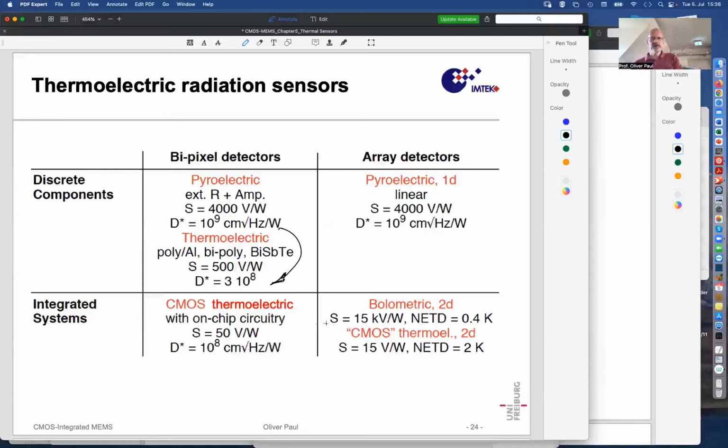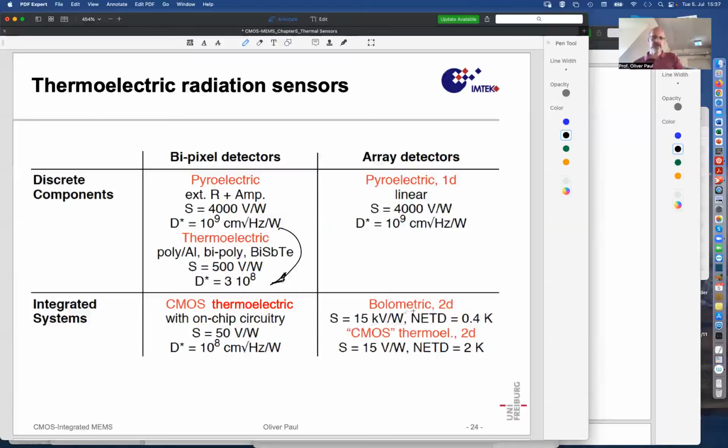And in the arrays, bolometric 2D and CMOS thermoelectric, those numbers are even reduced further to 15 volts per watt. Bolometric is a bit better, 15 kilovolts, well, much better, kilovolts per watt.